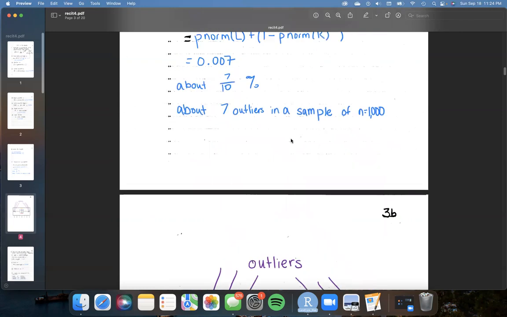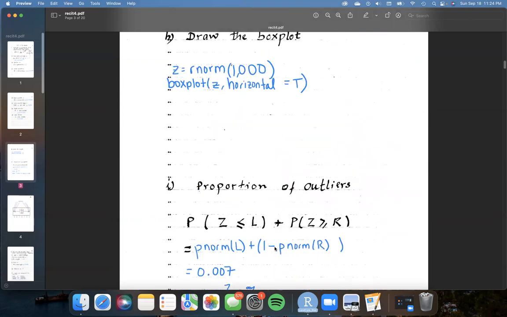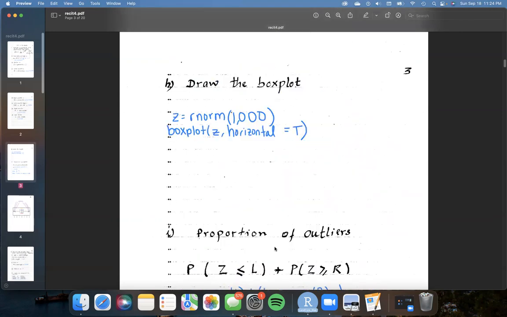Next, we need to find the proportion of outliers. To do that, we take the probability that our z random variable is less than or equal to the left whisker, plus the probability that our random variable is greater than the right whisker.